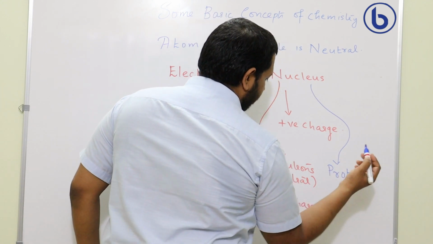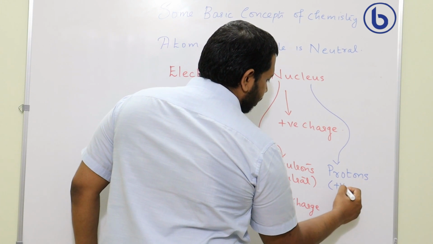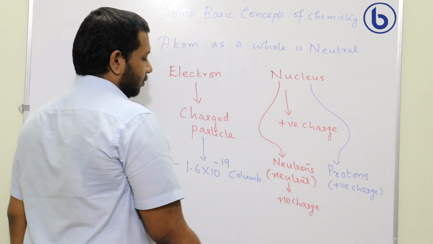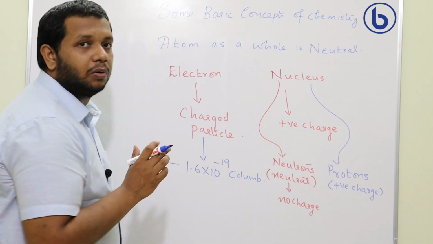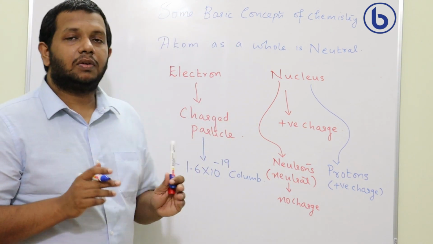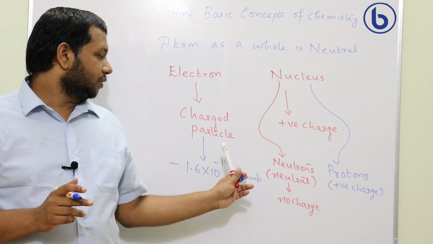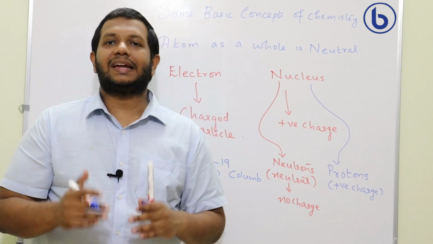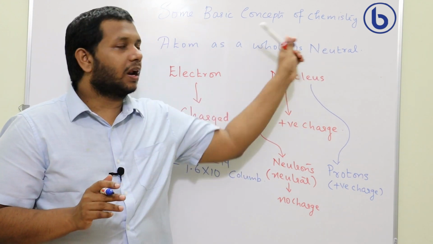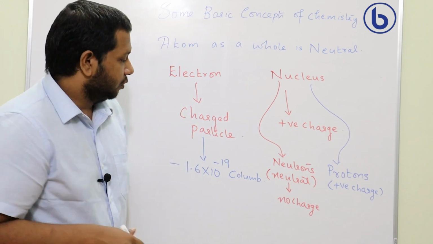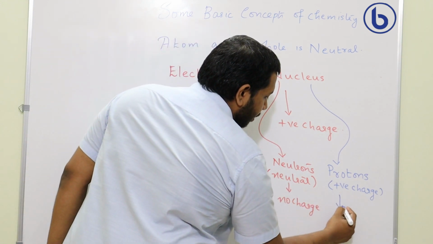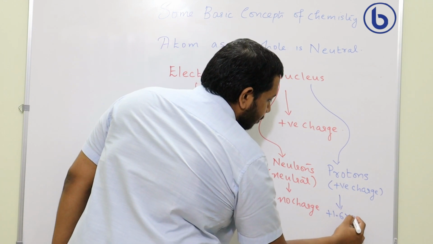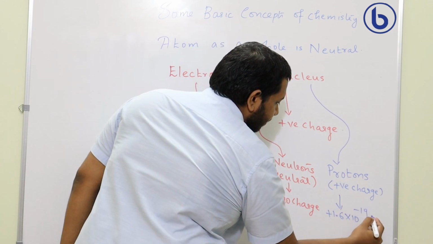This proton is a positive charge. So what is the charge? Next question. We know the atom is neutral, so this minus 1.6, it should have the same magnitude, but the sign should be opposite, so that it will get cancelled and you will get a neutral atom. So its charge should be plus 1.6 into 10 power minus 19 coulomb.